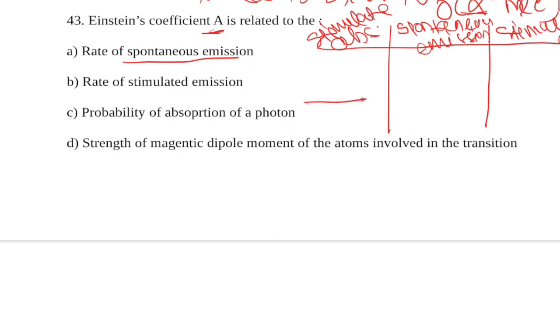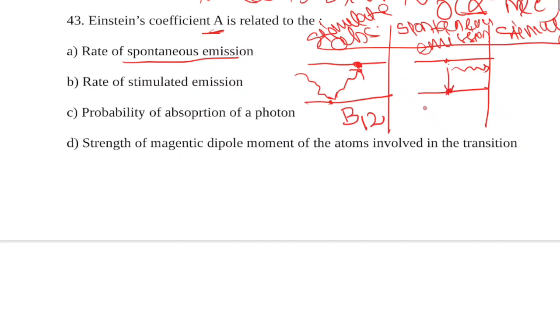So like you can say initially there is a particle in the ground state. Now by absorbing a photon, it is going to the excited state. Okay, so here the Einstein's coefficient is B12. Okay, next is the spontaneous emission. So initially the atom is at the excited state. Now by radiating a photon, it is coming to the ground state.